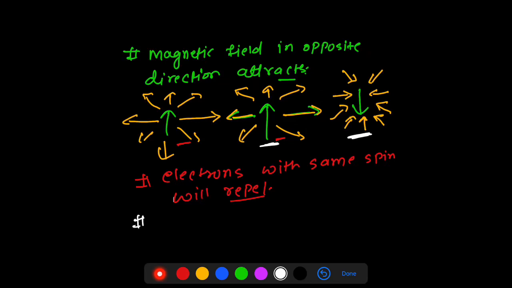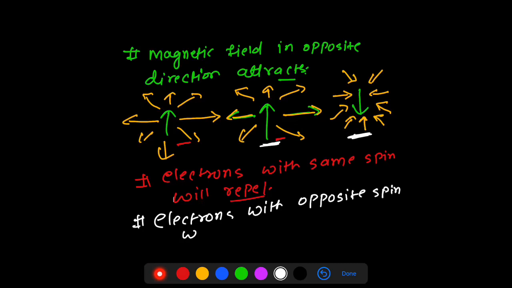Then you see that electrons with opposite spin have the magnetic field in the opposite direction. So magnetic fields in opposite directions attract. So can we say these two electrons will attract each other, right?